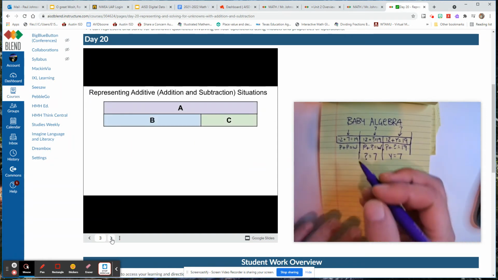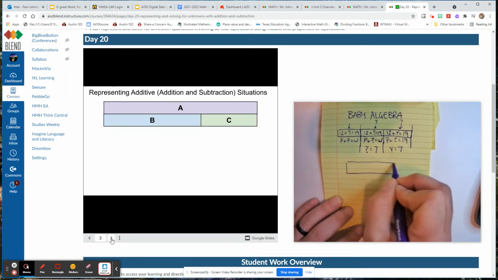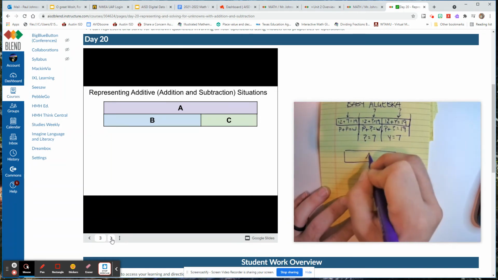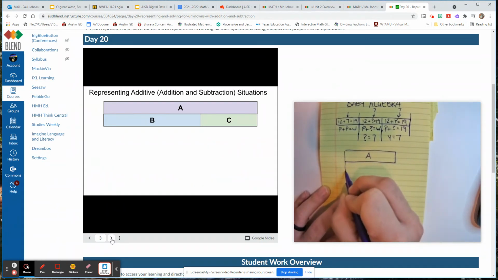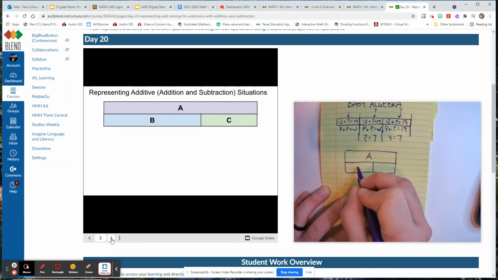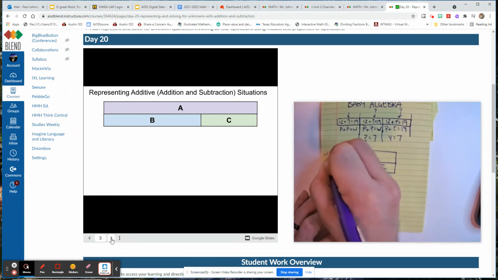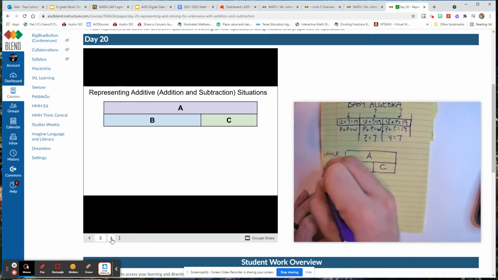Now, it's basically strip diagrams. This is a review of strip diagrams. Remember, these are essentially representing parts and wholes. A over here is the whole, and B and C are part plus part.